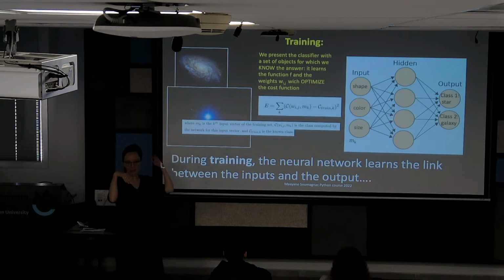I'm giving you all the properties of the image, but at the end you need to tell me that this is a dog. This is what we call training. The training is the phase where you're teaching the machine on a subset of examples where you know what the true answer is.